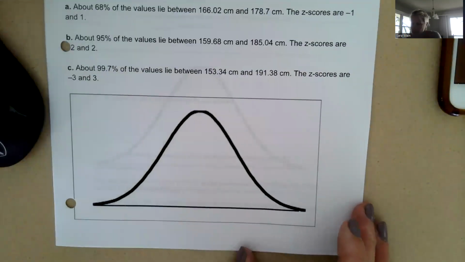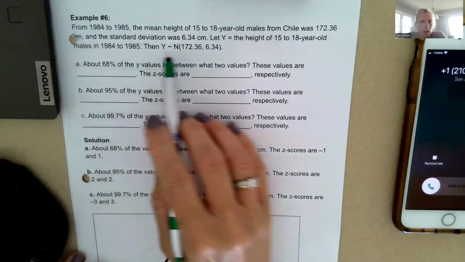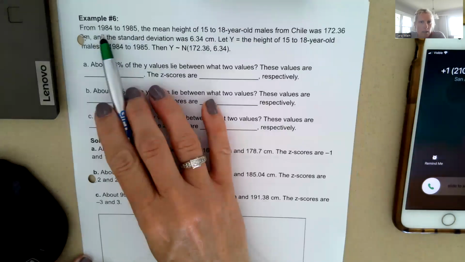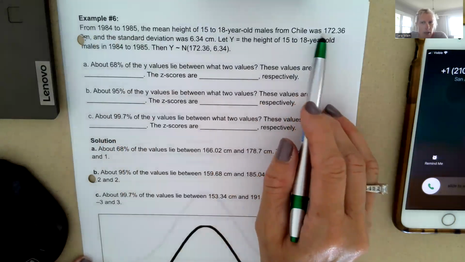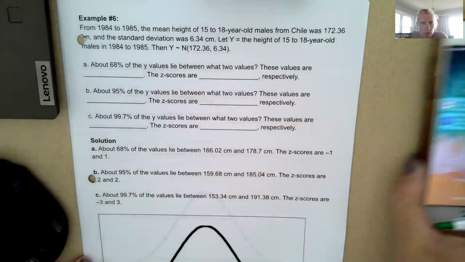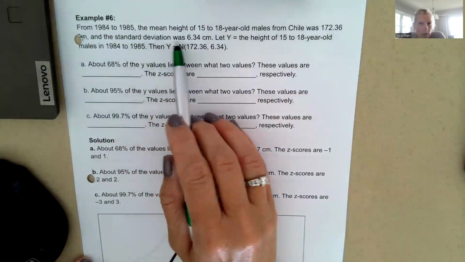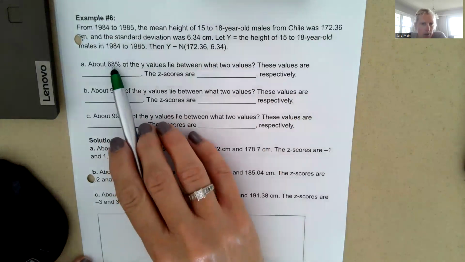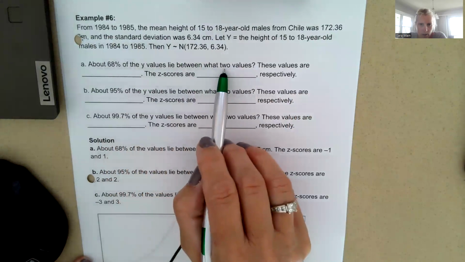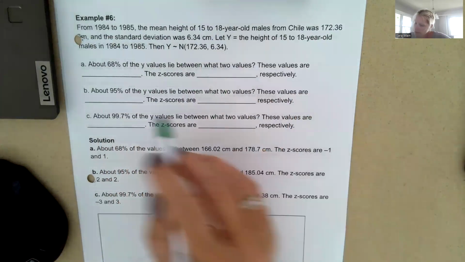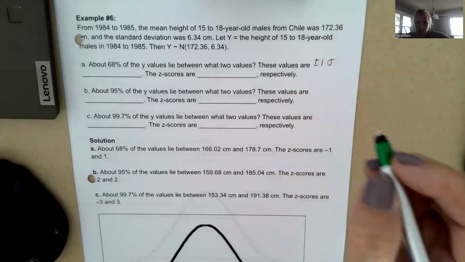Look at example 6. Example 6 says, we're back to the 1994 to 1985 data of the males in Chile that had a mean of 172.36 centimeters and a standard deviation of 6.34. About 68% of the Y values lie between what 2 values? 68% is plus or minus 1 standard deviation.